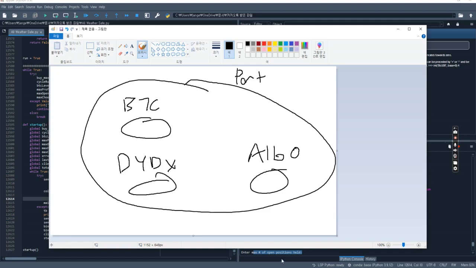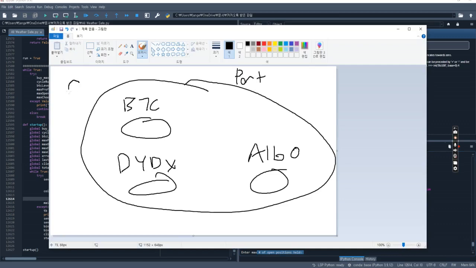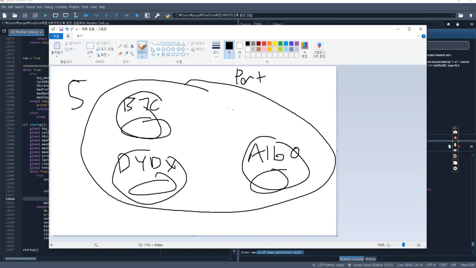What this means is how many trades I want to have at one time. So say I input 5. What does that mean? Well, it means I can have 5 total positions trading at one time, which means these are all bought and they're ready to sell.